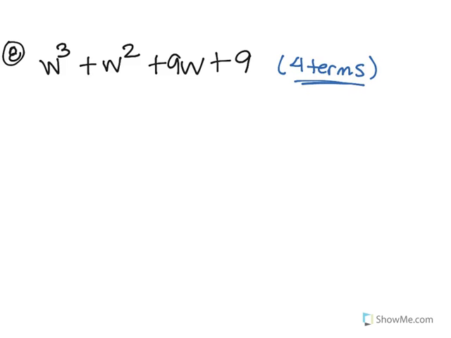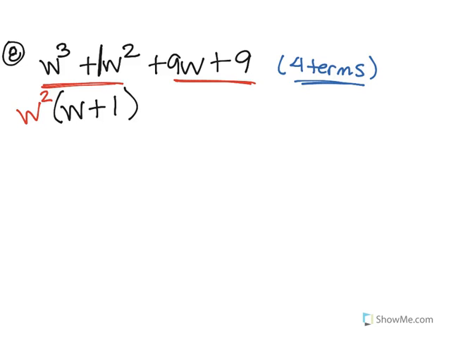And we're going to leave it the way it is. We're going to group the first 2, and then we'll group the last 2. So the GCF off the first 2 will be w squared, because both of them have at least 2 w's. And when you pull that off, you're left with w plus 1.